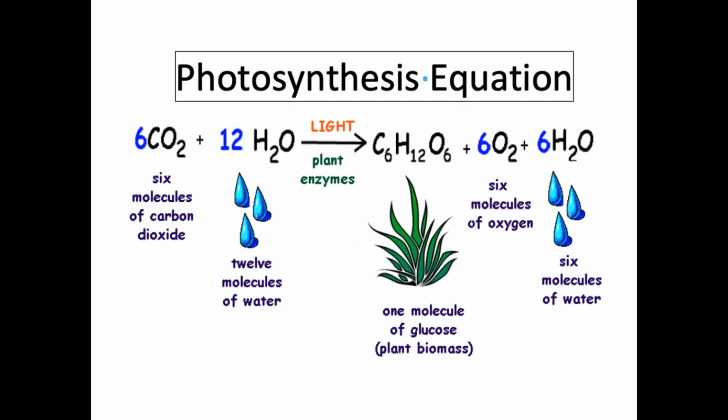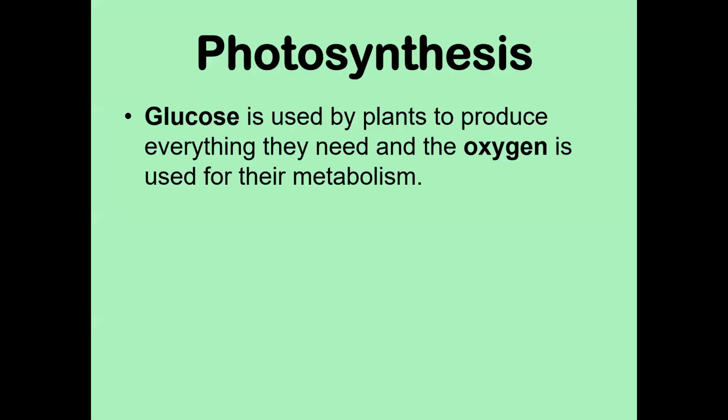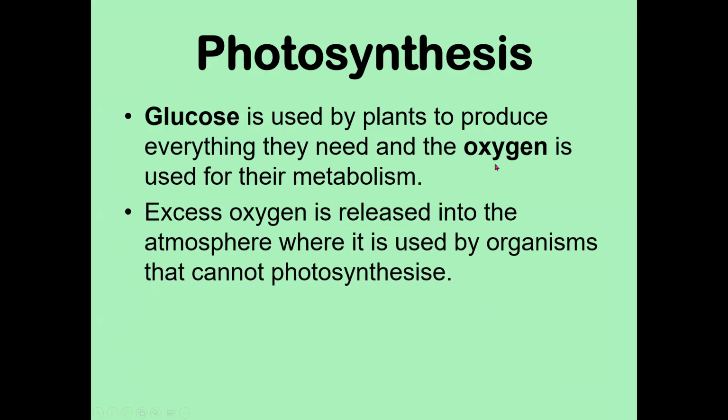In year 12, they need to be a bit more accurate, so this is the correct equation. Now, glucose is used to produce everything that the plant needs, and together with the oxygen it needs for metabolism, it doesn't need much else.